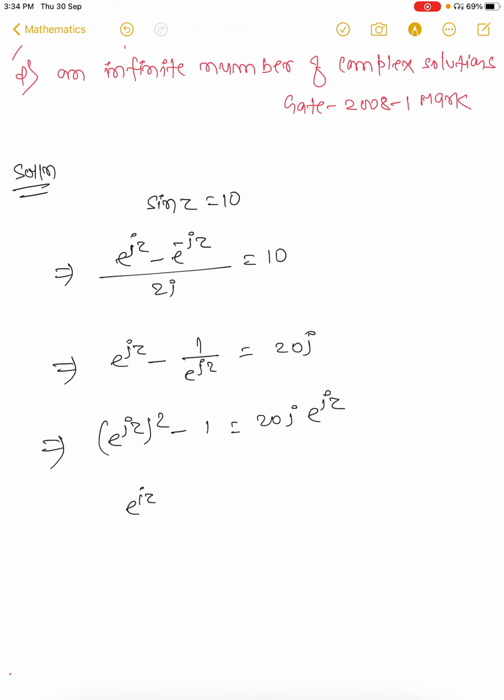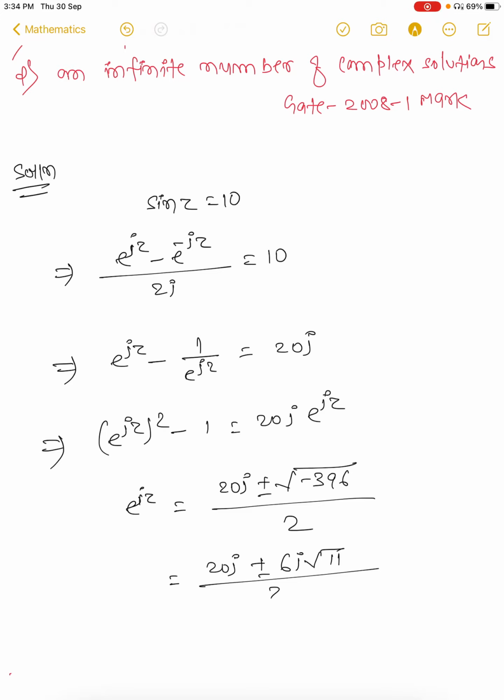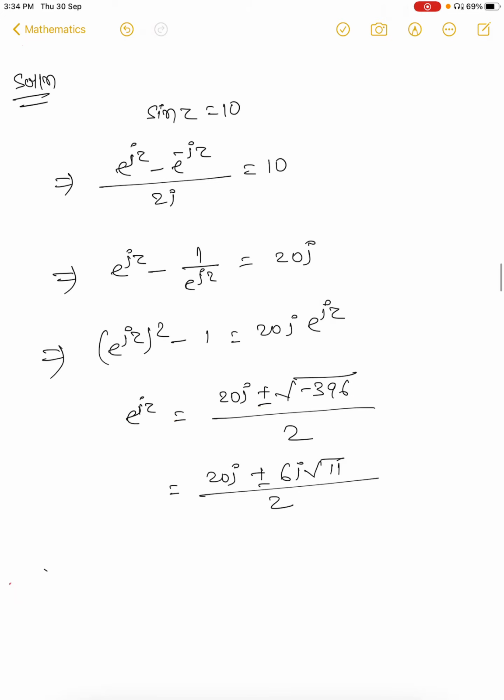e to power jz minus 1 upon e to power jz is equal to 20j, or e to power jz whole square minus 1 is equal to 20j e to power jz. So e to power jz is equal to 20j plus minus root under minus 400 plus 4, divided by 2.